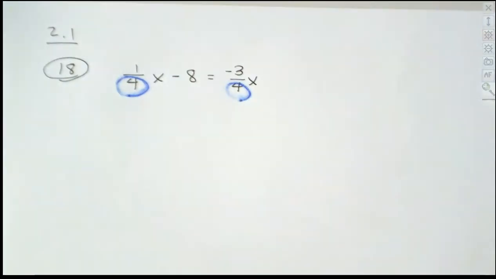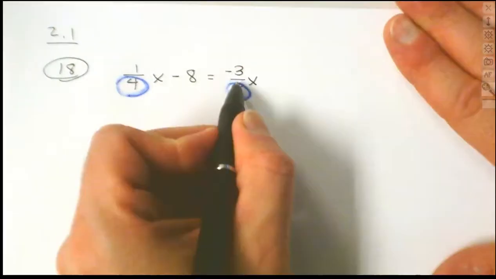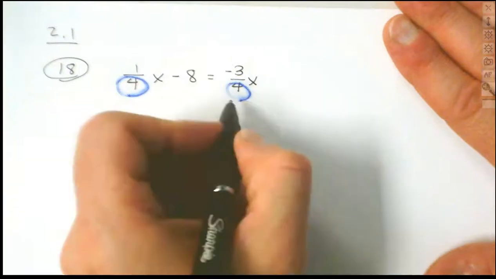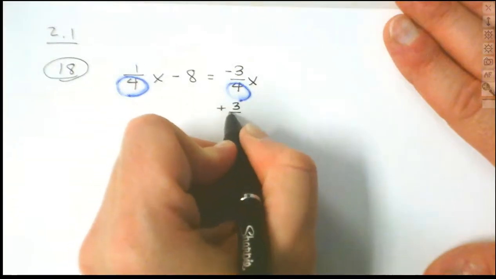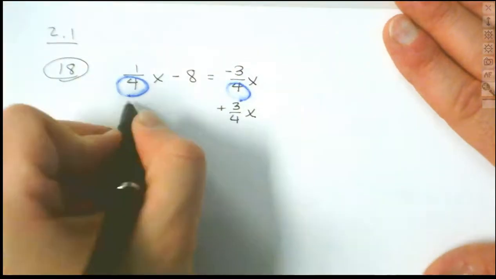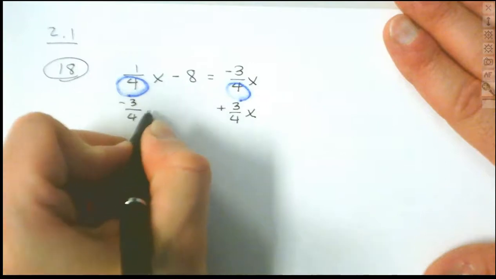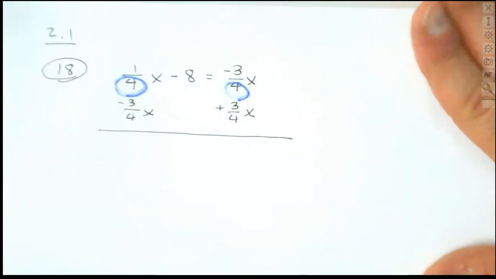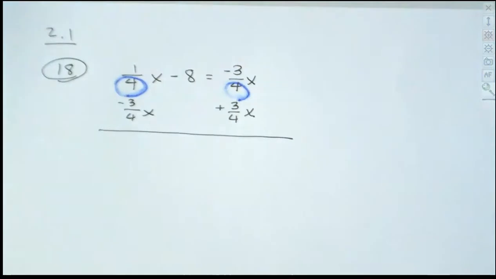It's probably going to be easier if we just add them together. So our goal is to get the x on the left, numbers on the right. So this 3/4 is negative, so I'm going to add on to both sides a 3/4 x. Now again, we could have cleared the fractions, but that would have been a lot of extra steps. And since these have the same denominators, just put them together.